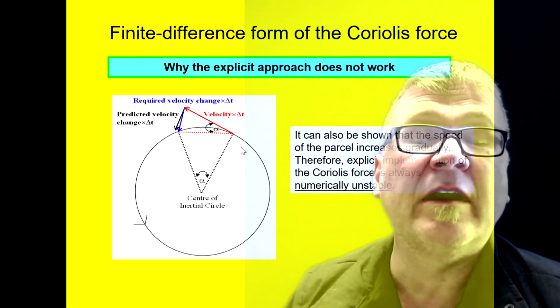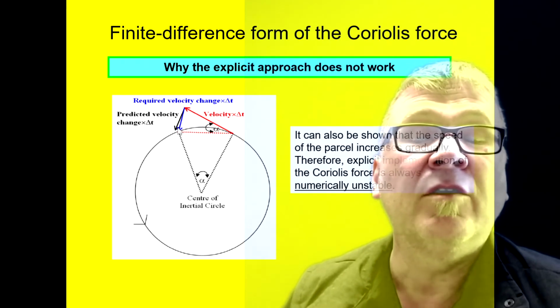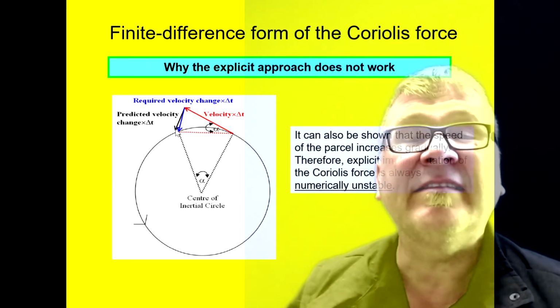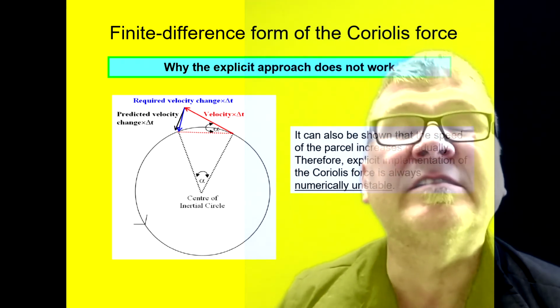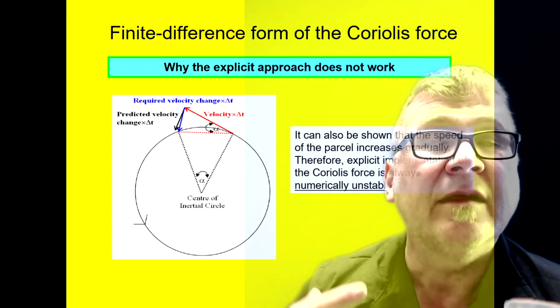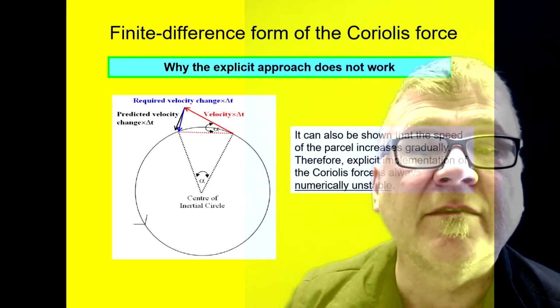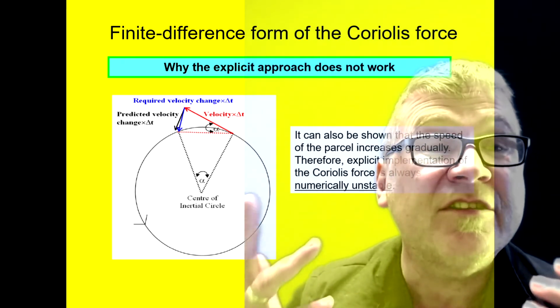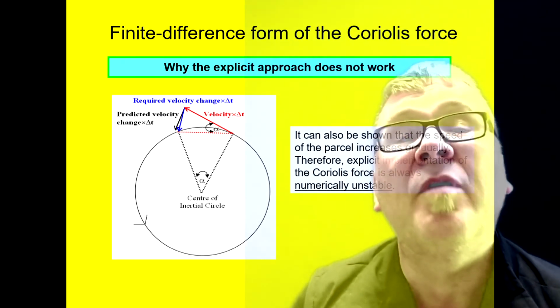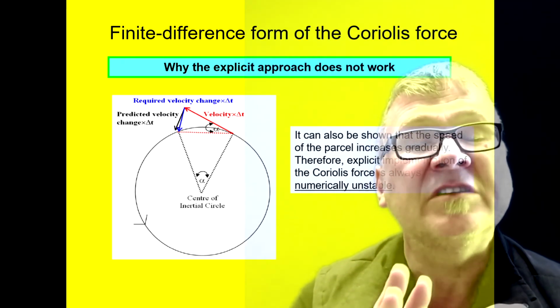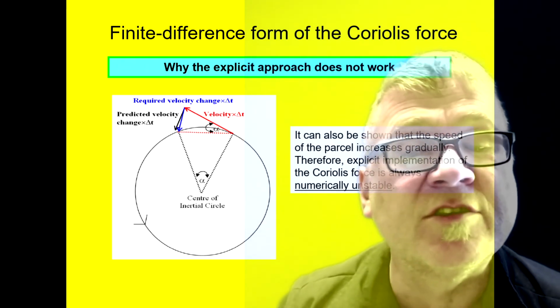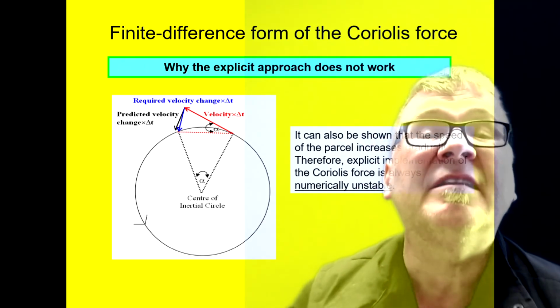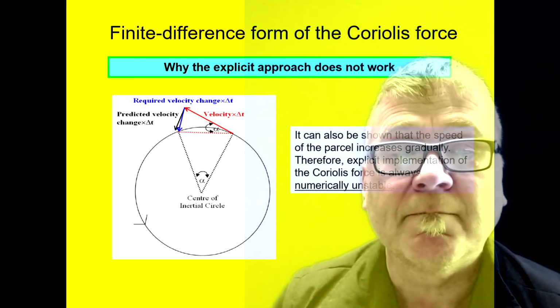If you do that at a right angle, you will always end up outside the circle just because the time step is finite. What you actually need in order to move your particle with the Coriolis force back onto the circle is a slightly different angle.